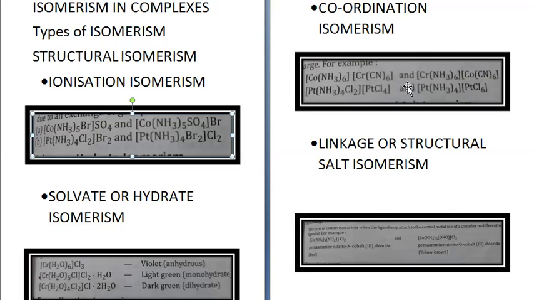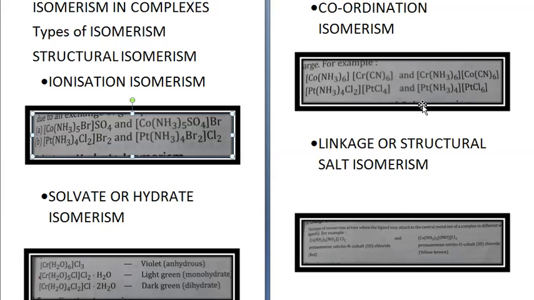In the first case, cobalt is attached to ligand NH3, but in second case Co is attached to ligand CN. Similarly Cr is attached to CN in the first, and here Cr gets attached to NH3. So there is an interchange of the ligands between two central metal atoms.